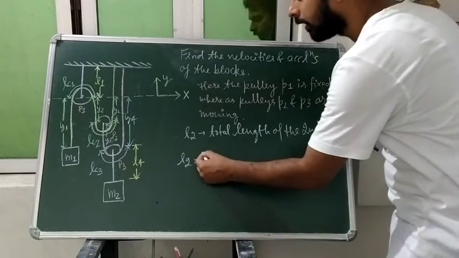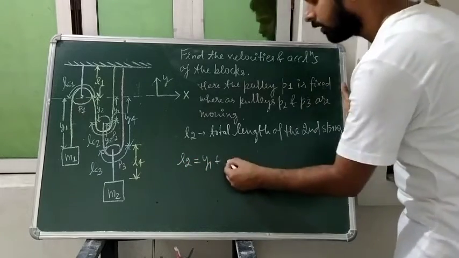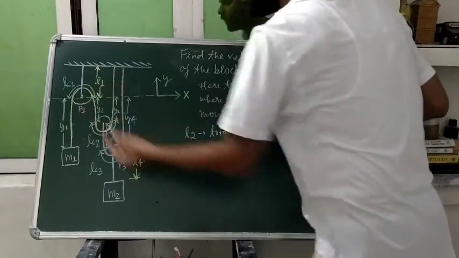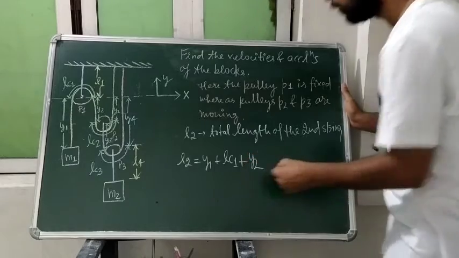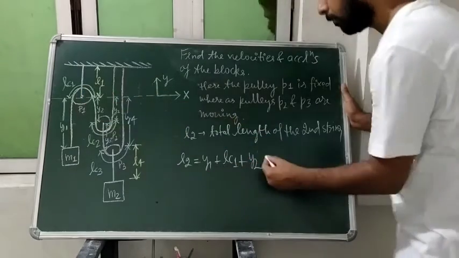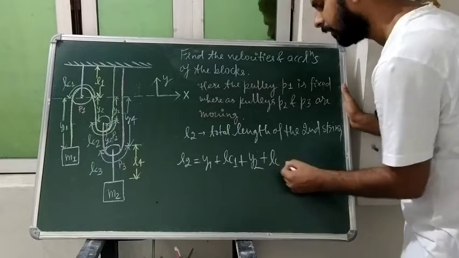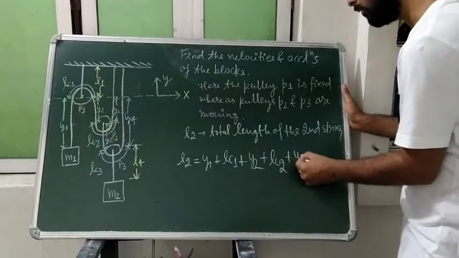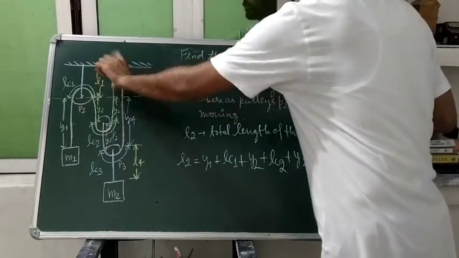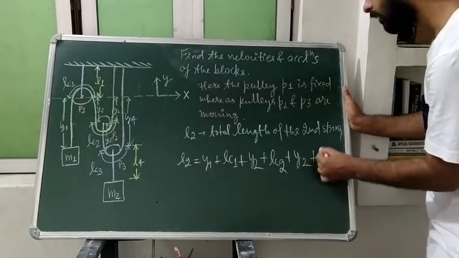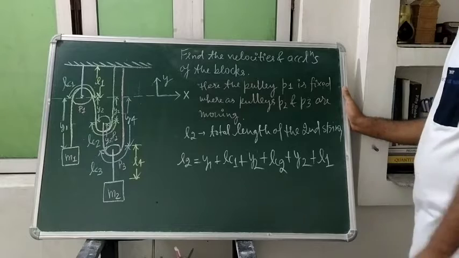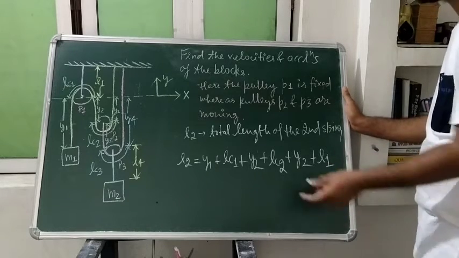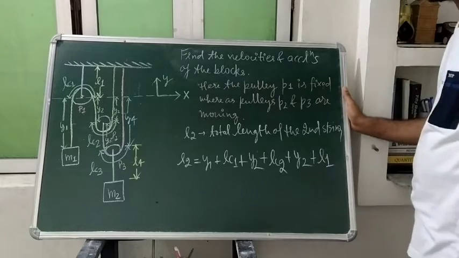L2 should be Y1 plus LC1 plus Y2 plus LC2 plus again Y2, and we are ignoring this, or you can write that as our L1 as well, isn't it? So it will be our total length of the second string.